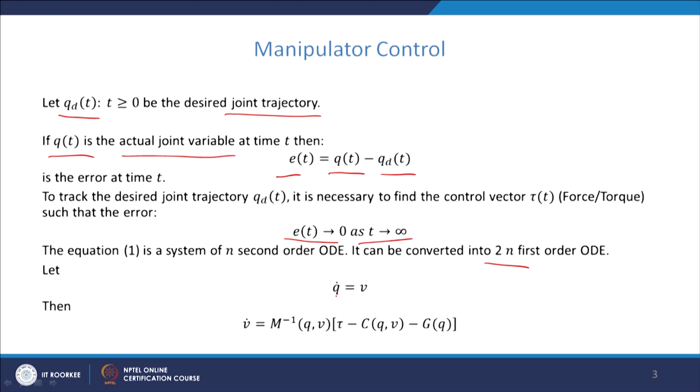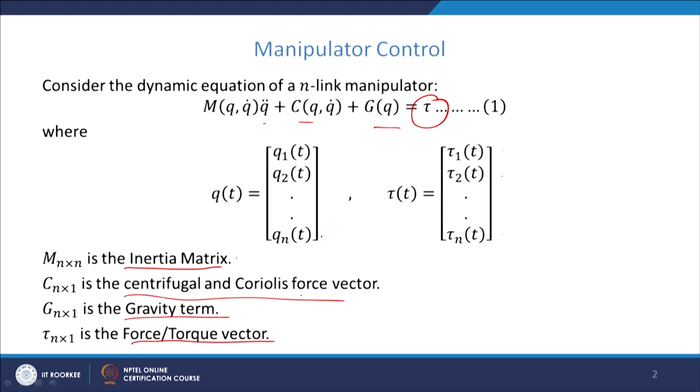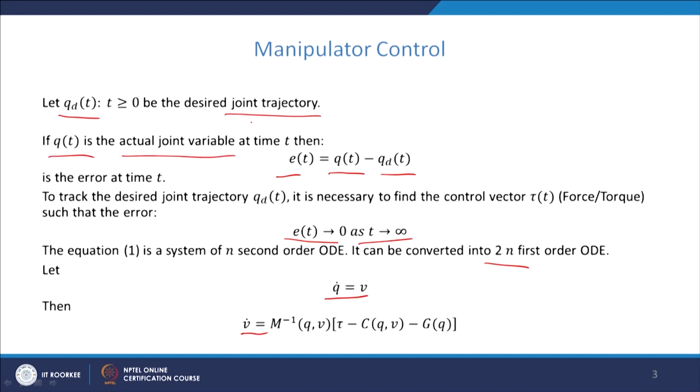If we define q dot equal to v, then we can write v dot equal to q double dot, and q double dot from equation 1, if you keep q double dot on one side and take all the remaining terms to the right hand side, we get v dot, which is q double dot, equal to M inverse of tau minus C of q, v times v minus g of q.